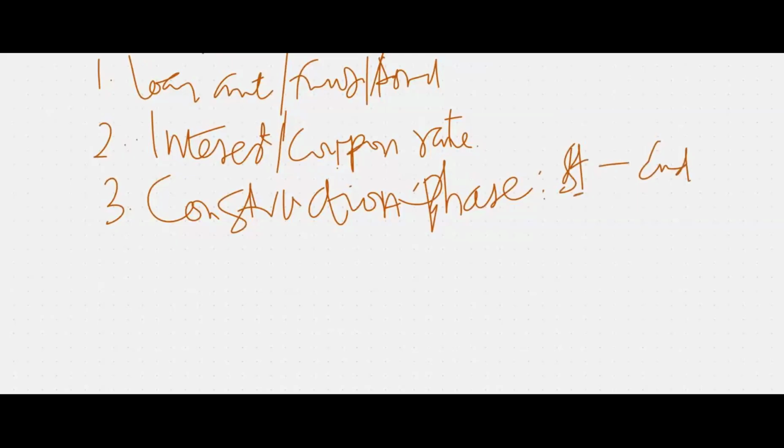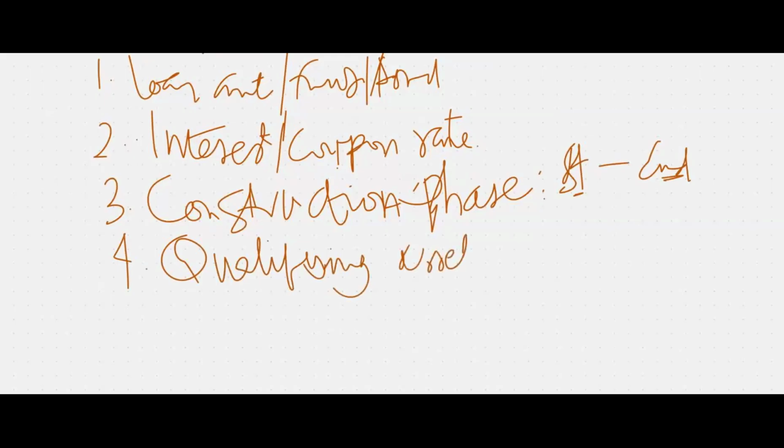We need it. Number four, we will need to ascertain whether or not the asset is a qualifying asset. If it's not a qualifying asset, we will not be able to compute the borrowing cost. So the asset must be a qualifying asset. What is a qualifying asset?